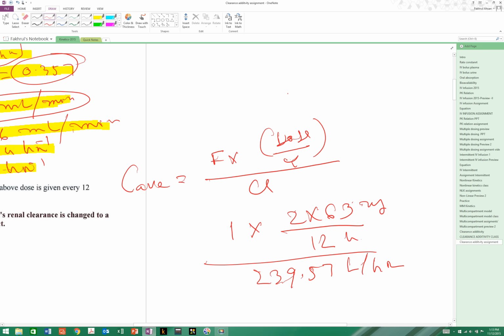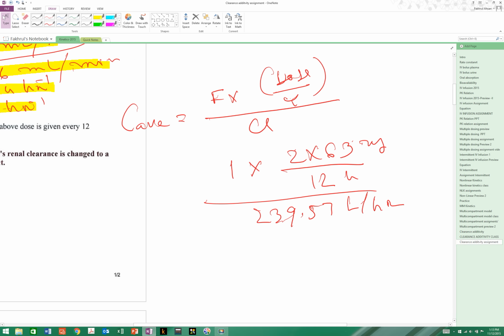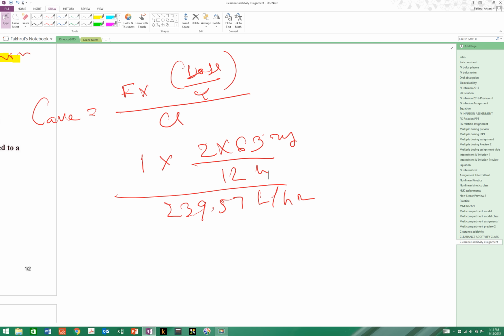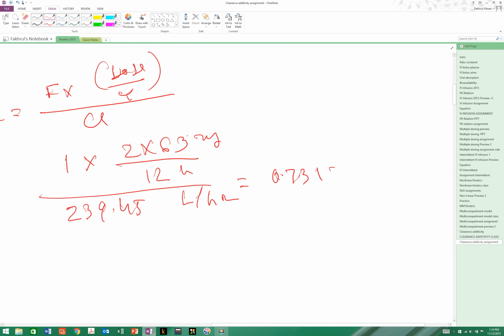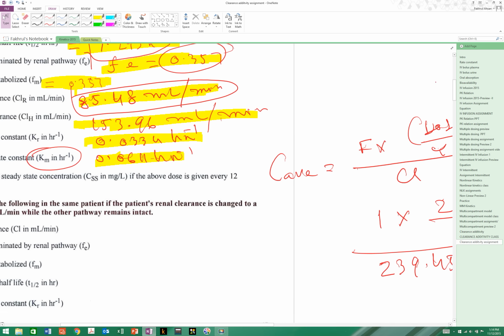So our C average is going to be, if you do this math, with 23.945, your C average would be 0.731 milligram per liter. So this would be your C average.